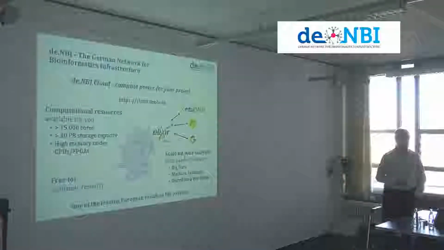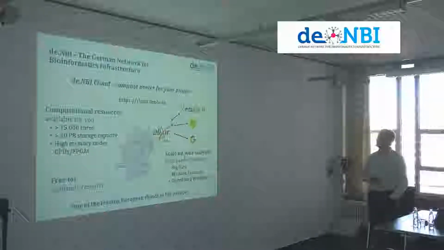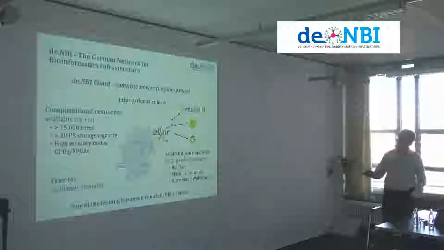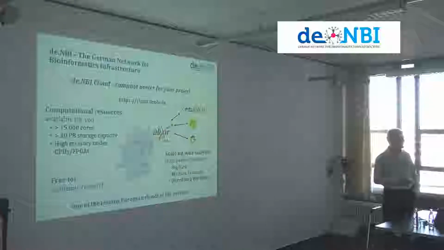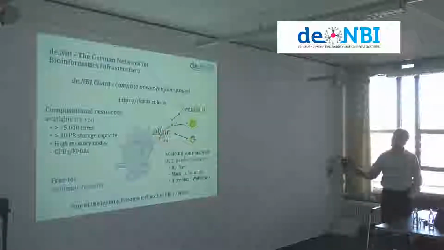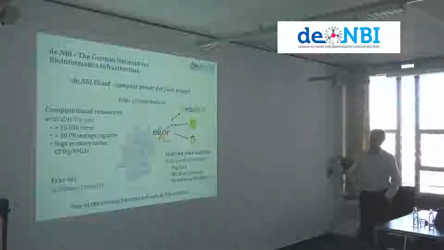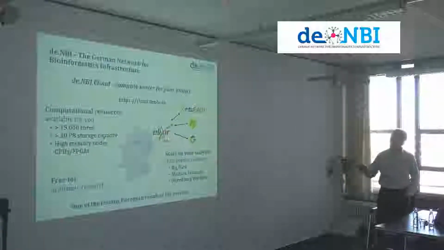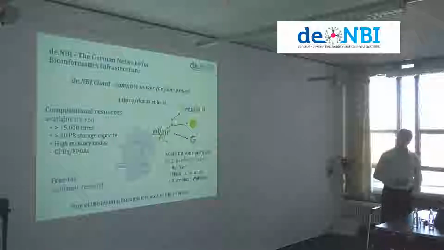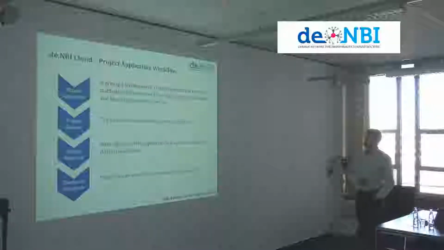It is free for academic research, so everybody can use it for free. And you get access through the Elixir AAI, which again is connected to EduGain, ORCID, or Google. So once you have registered, or your university is part of EduGain, it's really easy to get access to the resources.